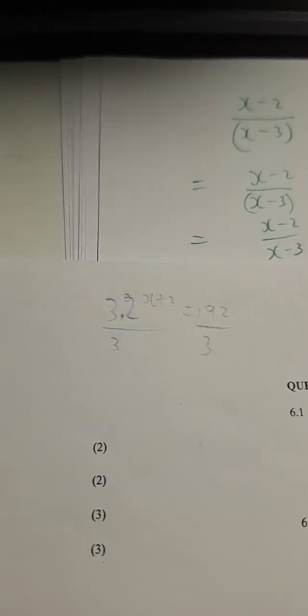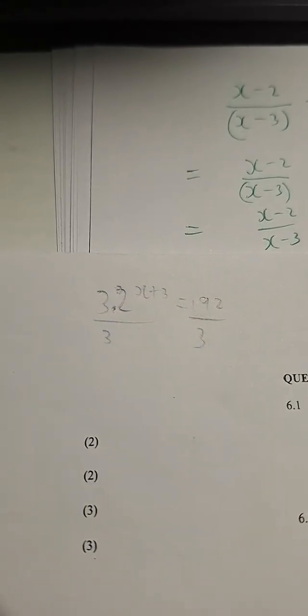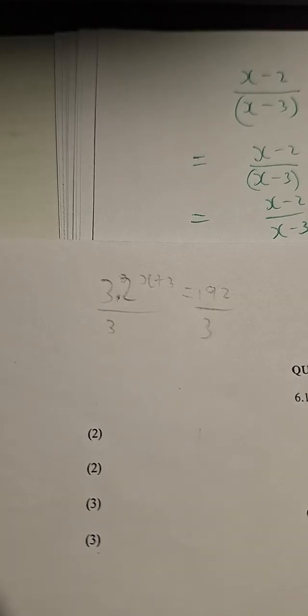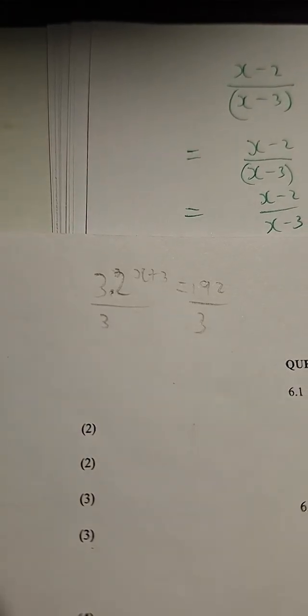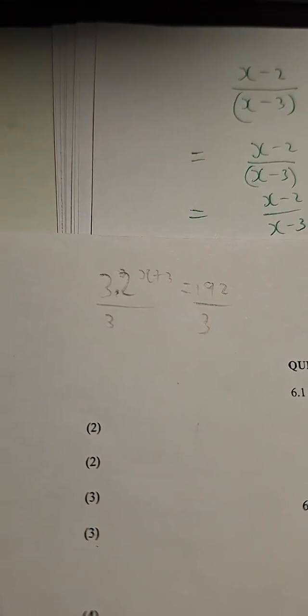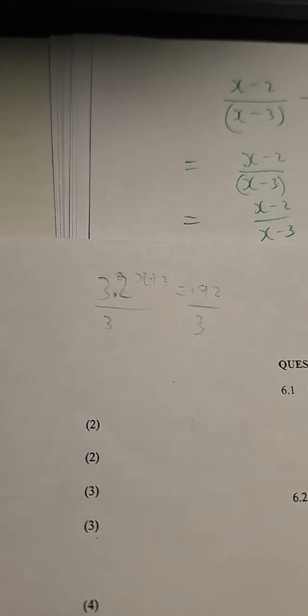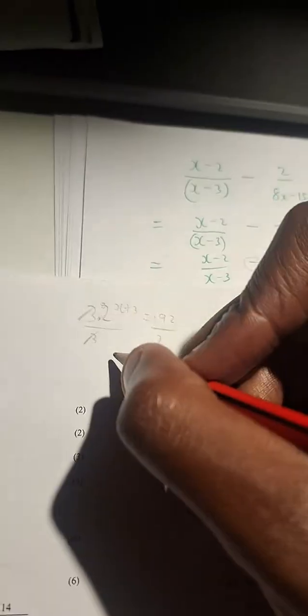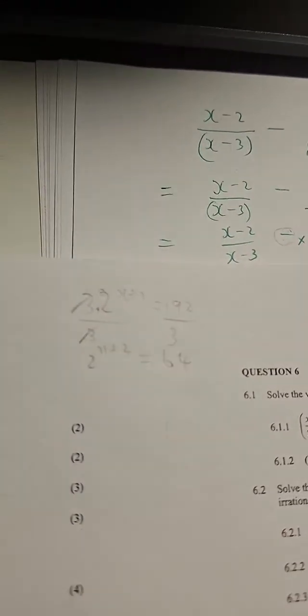If you divide this by 3, what's 192 divided by 3? It is 60. Yeah, 64, right? So this cancels. 2 to the power x plus 3 is equal to 64.